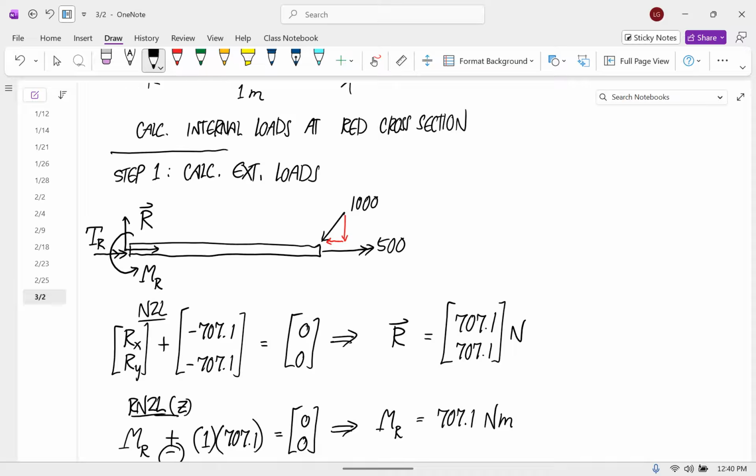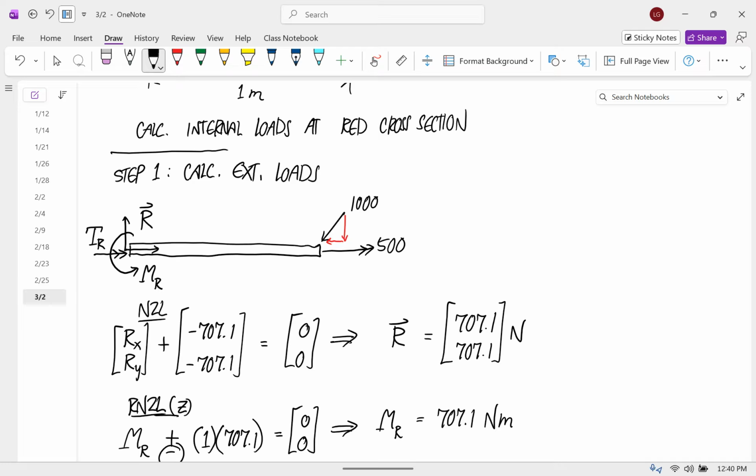We got that it was negative. This one's positive. So in order to counteract that, it's pretty clear that it would have to be negative. And so that's what it is. If there was no reaction couple here, this 500 would make it have an angular acceleration this way. But we know that's not the case, so the connection with the wall prevents that.